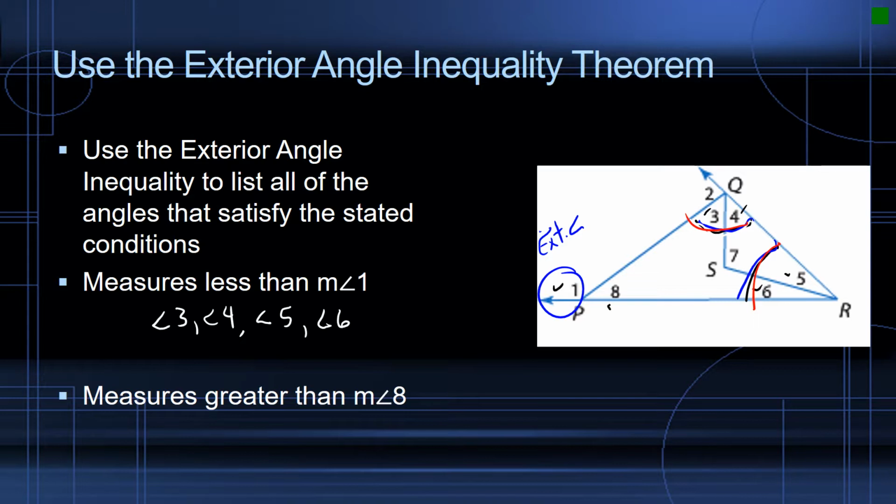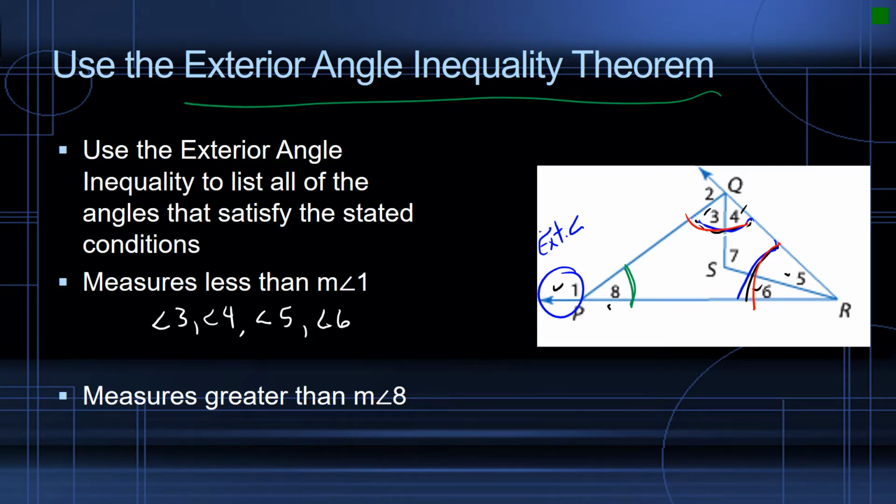All right, let's move to the next one. It says measures greater than the measure of angle 8. All right, well, the measure of angle 8 is a remote interior angle. And remember now, we're doing the exterior angle inequality theorem. And you might think, well, angle 1 is greater than angle 8. And yes, that is true.